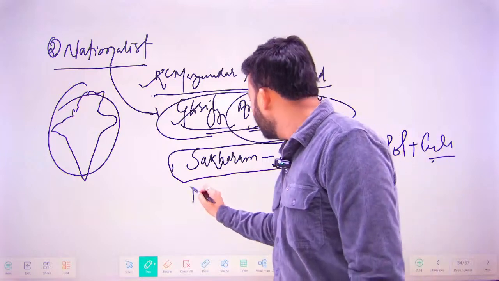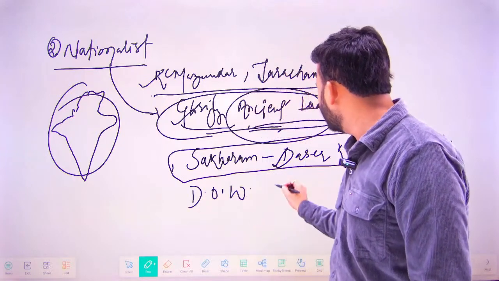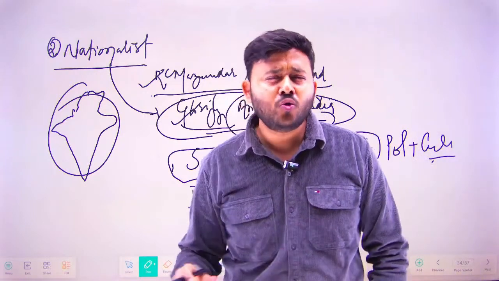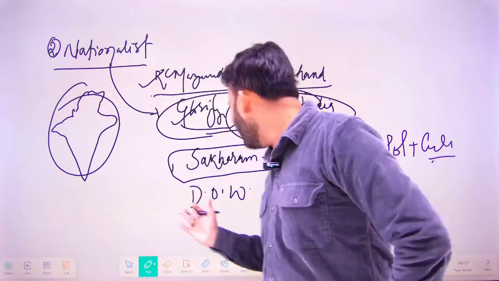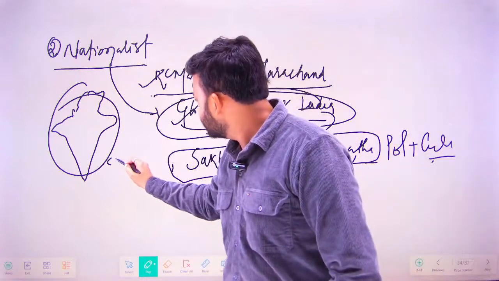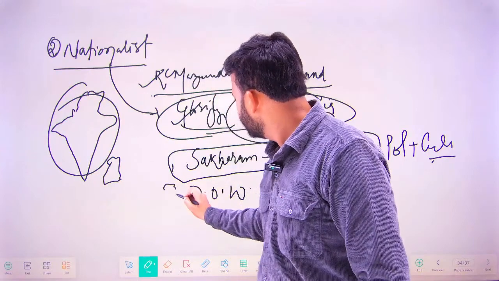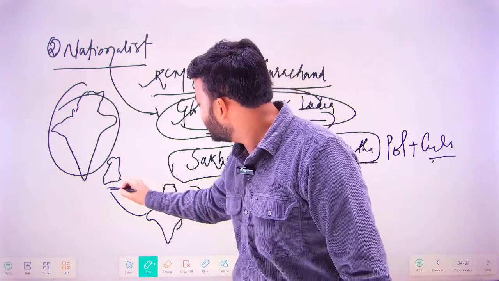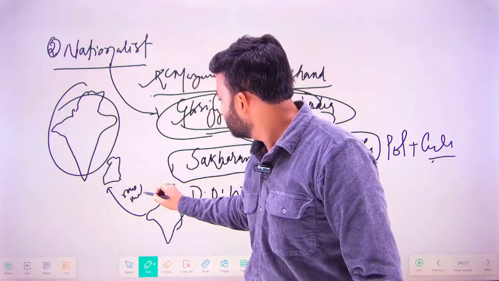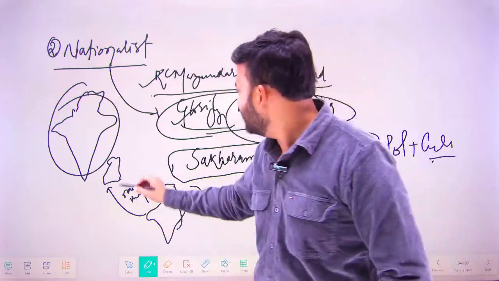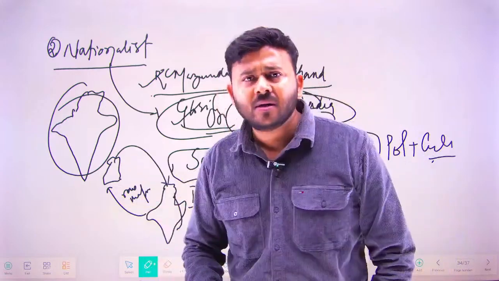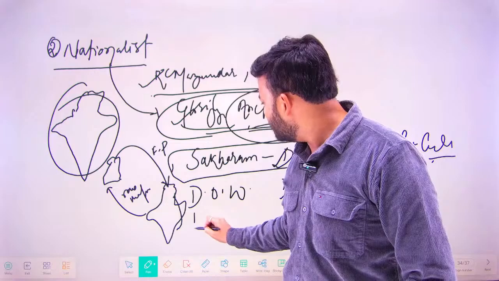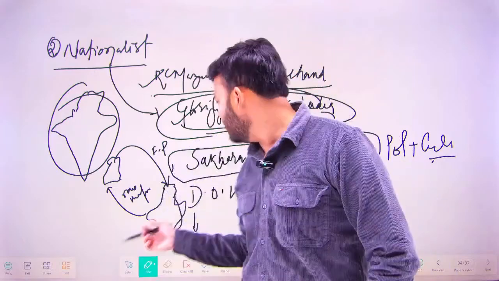Simultaneously, the drain of wealth theory propounded by Dadabhai Naoroji explained very clinically how Britishers took the raw materials from India and the Liverpool Company sold the finished products. This way our economy declined because we used to export duty free.